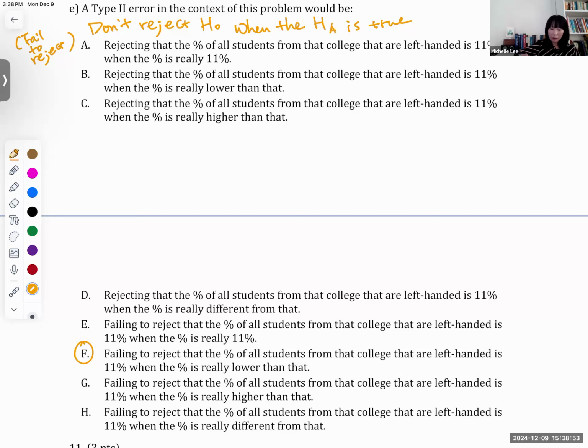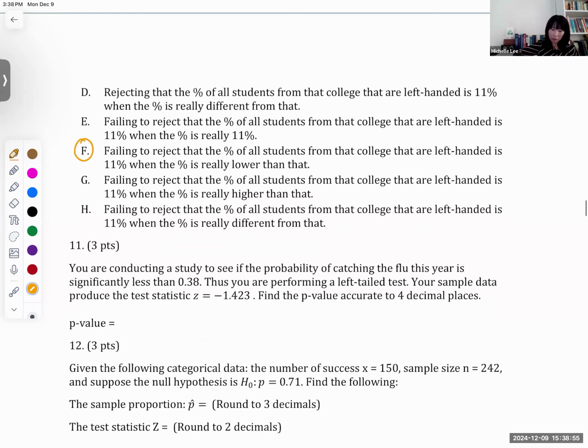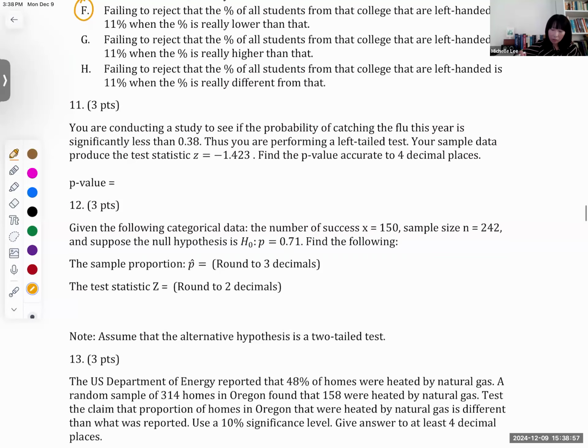Let's do number 11. All right, so 11, we are also using StatCrunch. Okay, so let's see. We have a Z-score, then we want to find the p-value. We answer to four decimal places. Basically it's just a normal curve.